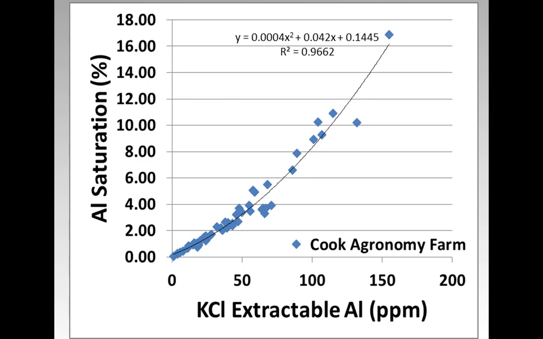Another thing that people look at is not just the KCl extractable aluminum, but how much of the aluminum is on the exchange complex. So this is the cation exchange capacity of your soils. There's bases on those like calcium, magnesium, potassium. There's also, as pH acidifies, more hydrogen and aluminum that gets associated with that cation exchange capacity.